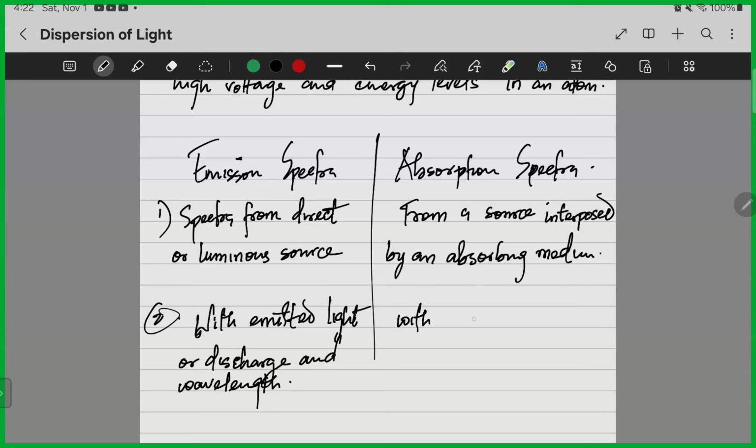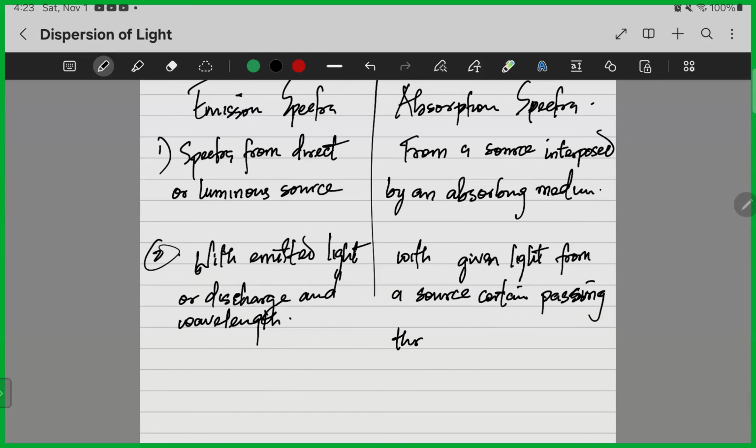This one is with given light from a source passing through the gas, with certain wavelength absorbed.